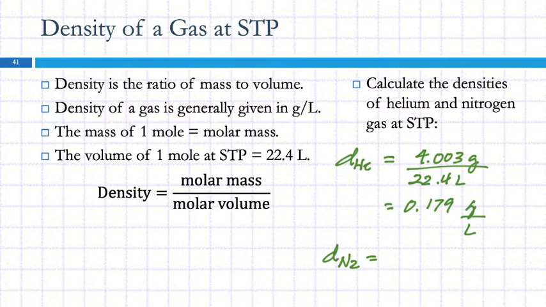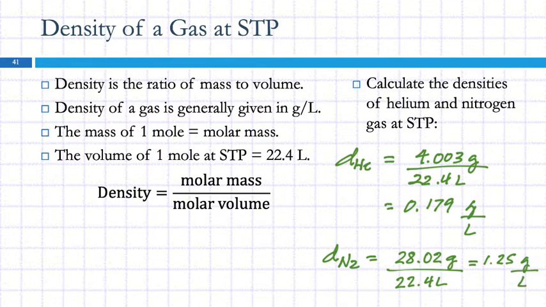That's one of those things that will mess you up throughout the semester. So nitrogen, N2, divided by 22.4 liters: 1.25 grams per liter.